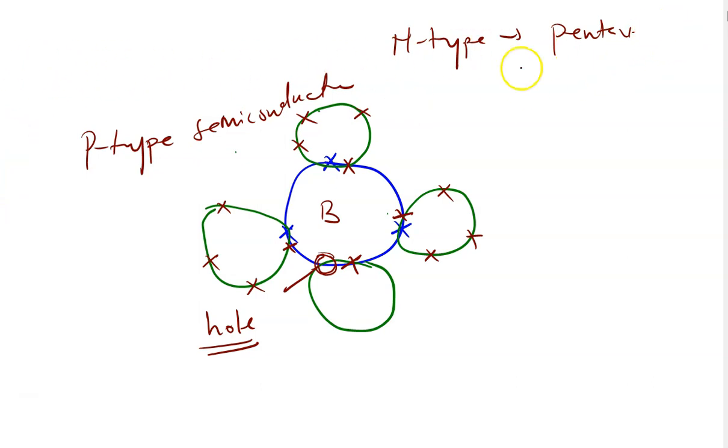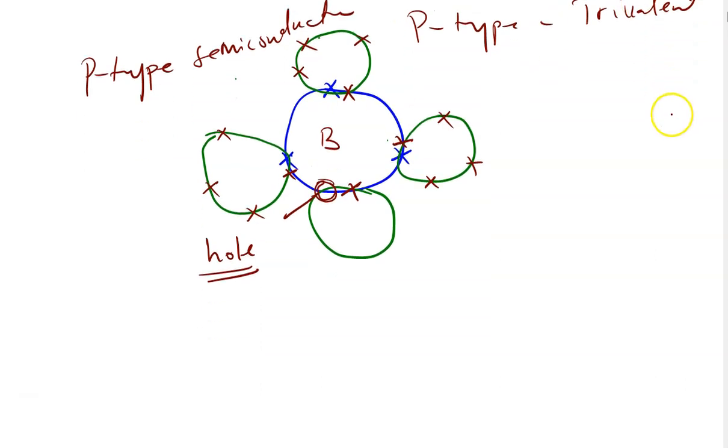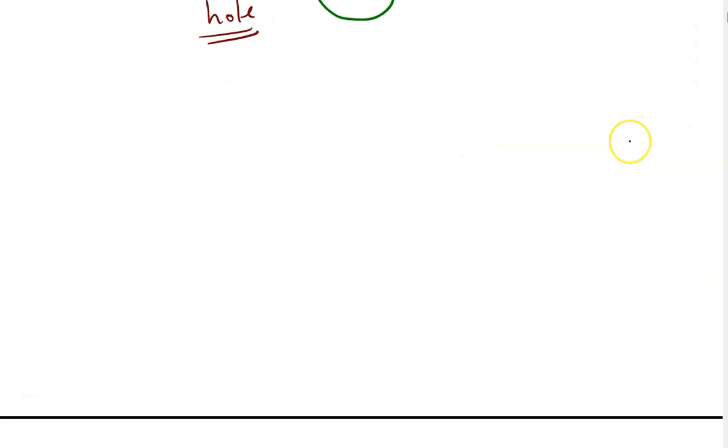So this is called a pentavalent element, and the p-type is a trivalent. So please take note of it, right? They're not going to ask you to draw this on test day. Just understand the concept behind it, and if any question emerges from this, you try to answer it.